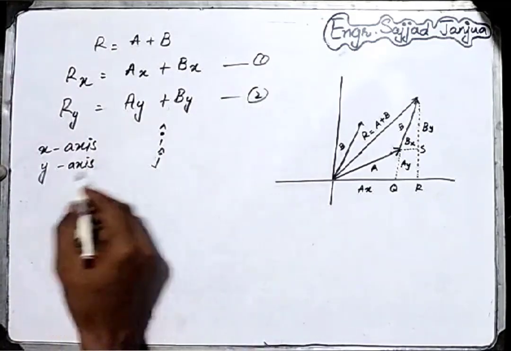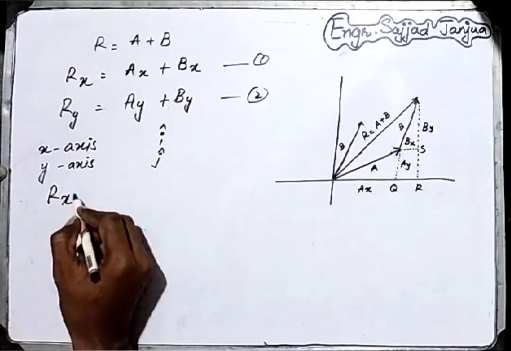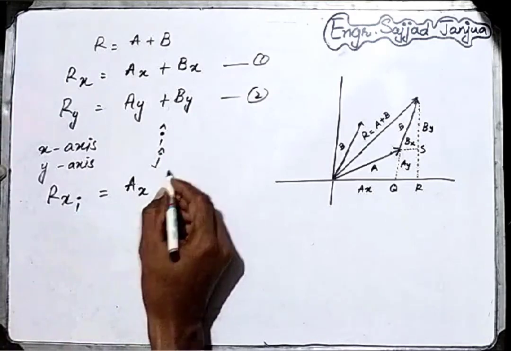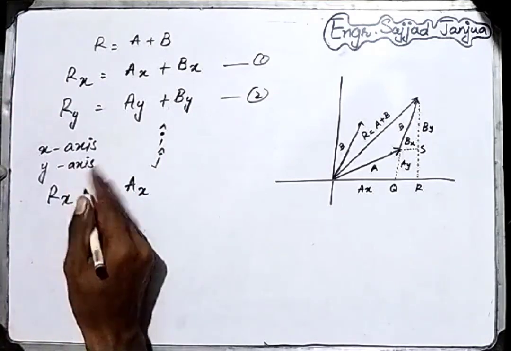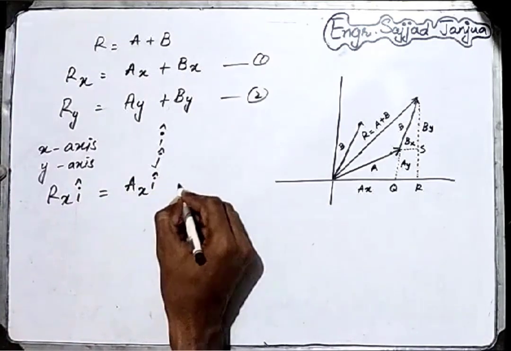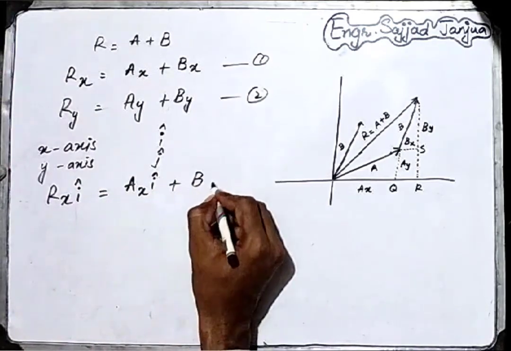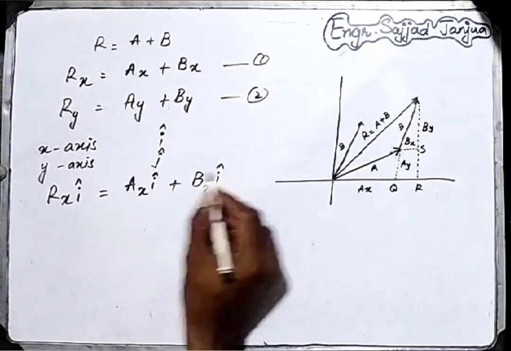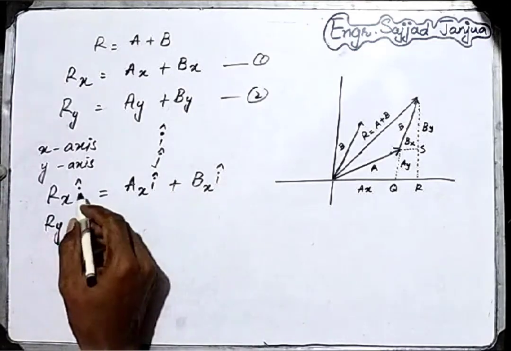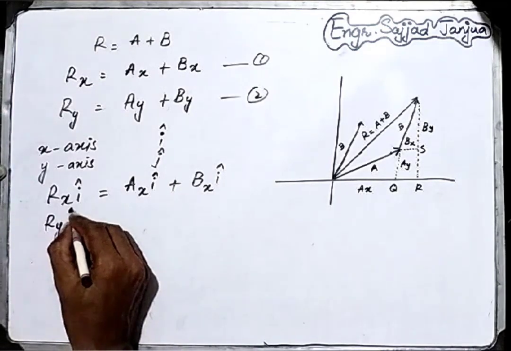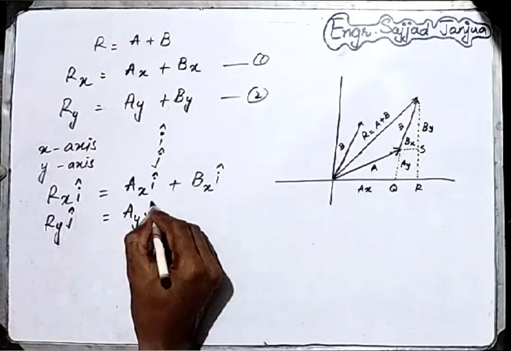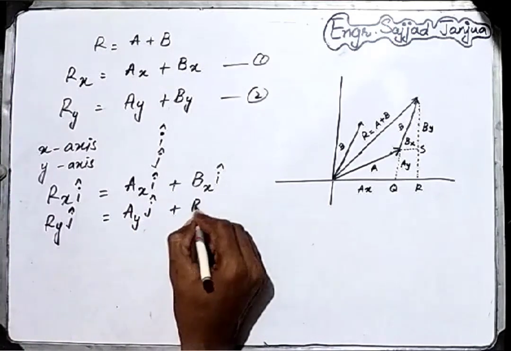So in terms of unit vectors, Rx i will be equal to Ax. We will place this unit vector here, Ax i plus Bx i. Now for the resultant of the vector on the y-axis, Ry j will be equal to Ay j plus By j.